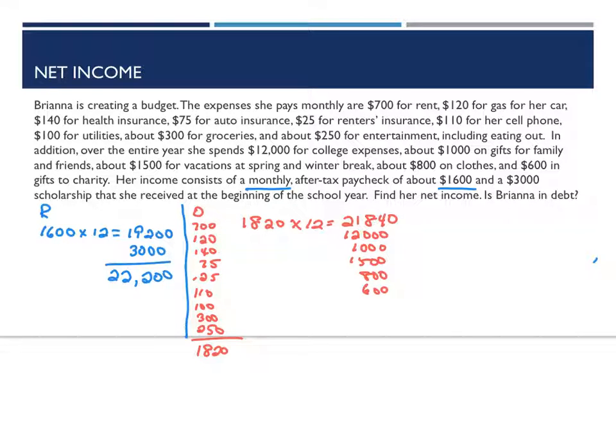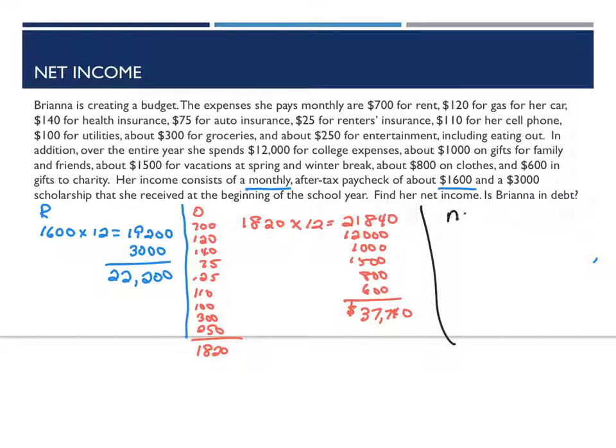Is that it? Add that up, and her total outlays for the year are $37,740.